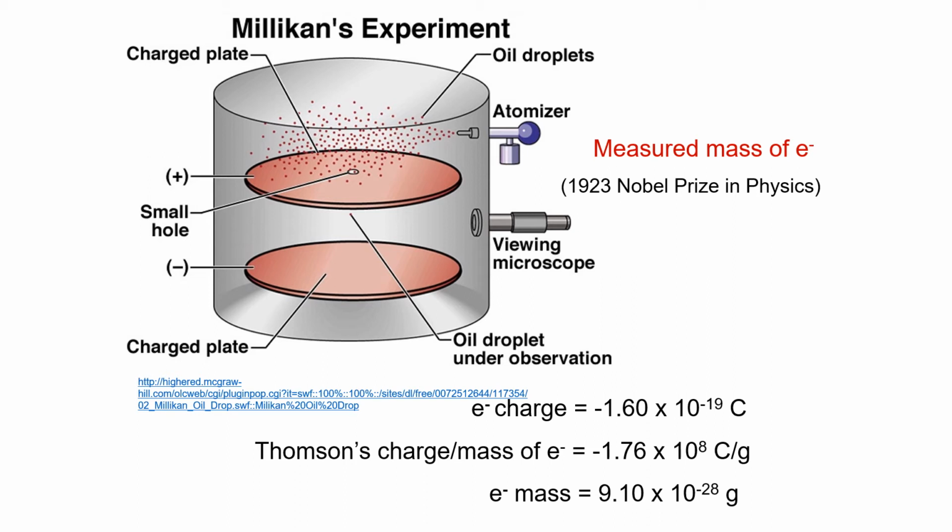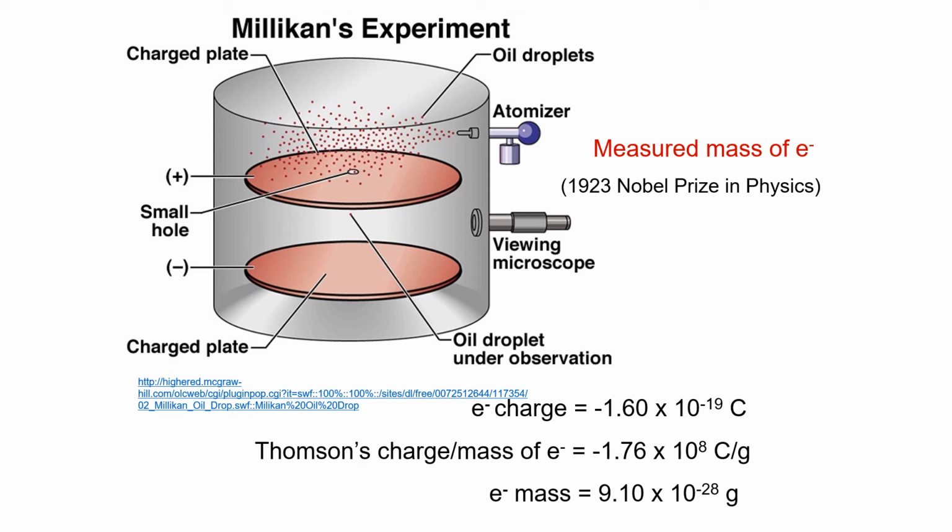So anyway, in this experiment, we have charged plates, a positive plate and a negative plate. There's a small hole in this plate. There's an atomizer that emitted oil droplets into this container, and then a viewing microscope here.